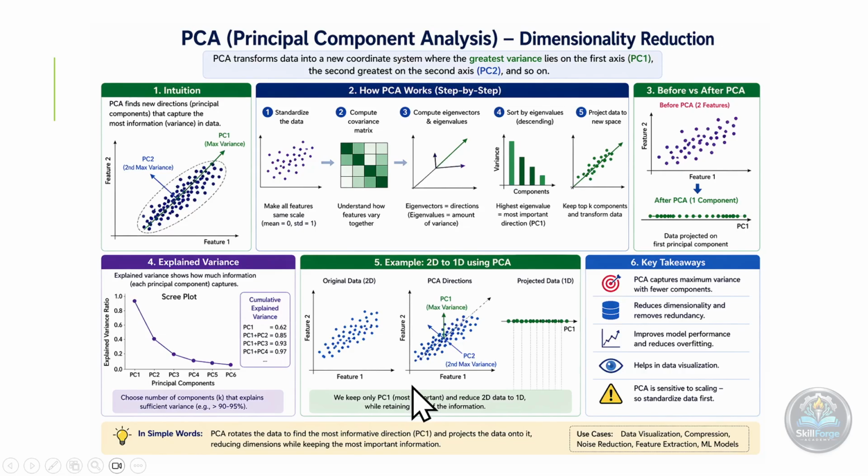So here you can see, the 2D data is reduced to 1D. Instead of using two features we use one, but still keep most of the important information. So PCA reduces dimension, removes redundancy, improves performance and helps visualization. PCA finds the most important directions in data and reduces dimension.